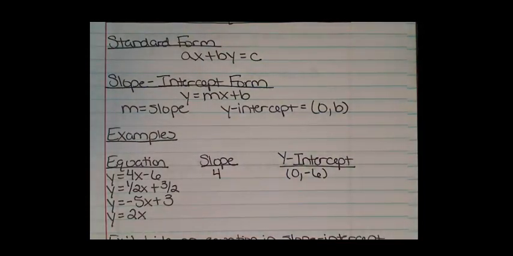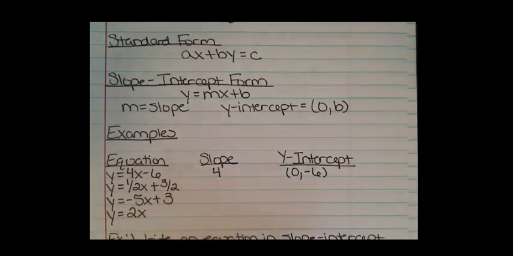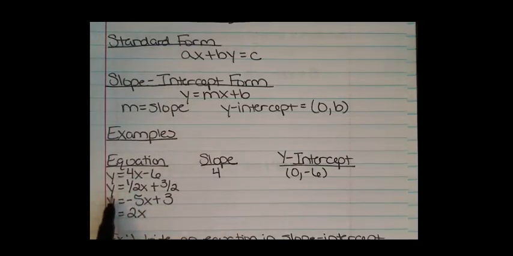From the slope-intercept form, you really have everything that you need to graph the line. You can plot this point and then use your slope to find a second point, and then you already have the graph of your line. That's why this form is so easy and so nice to use. For our second one, we have y equals 1/2 x plus 3 over 2.